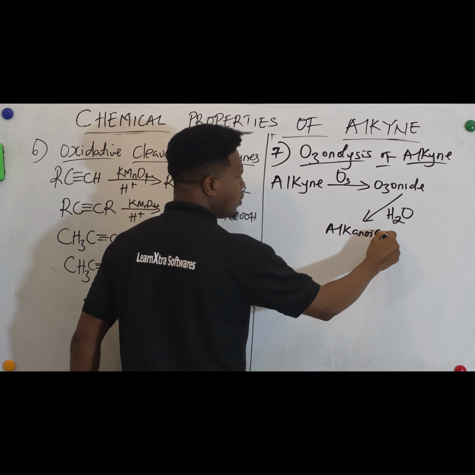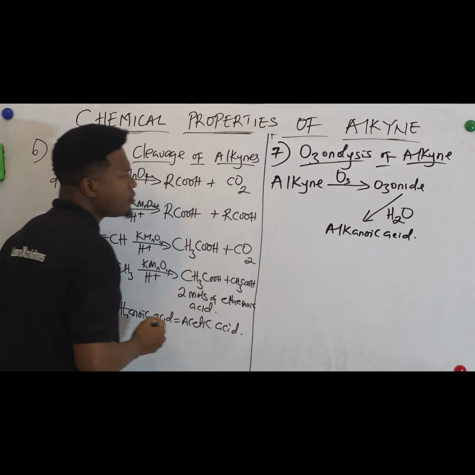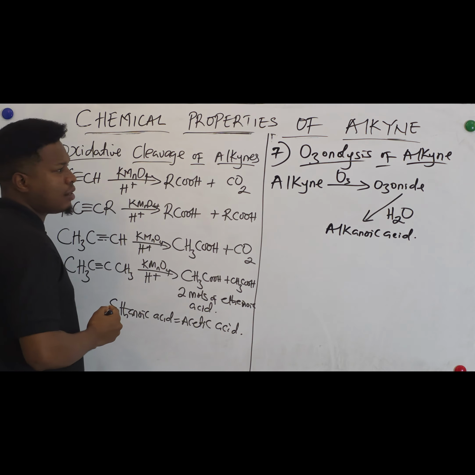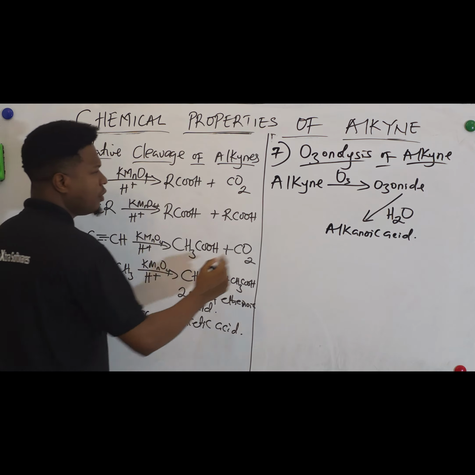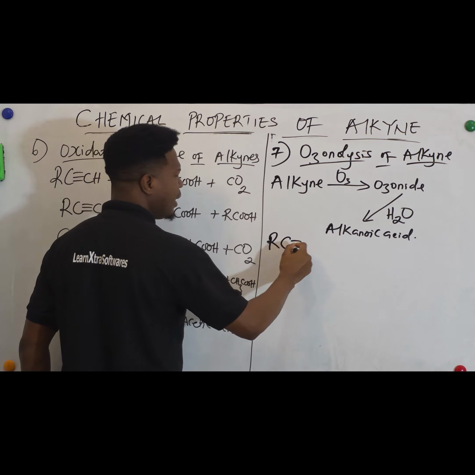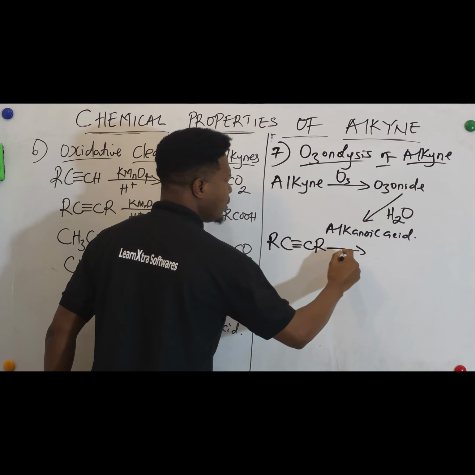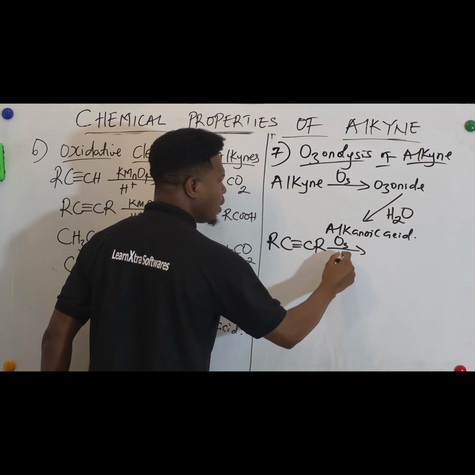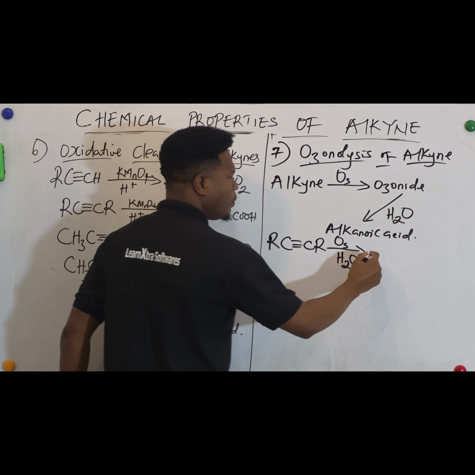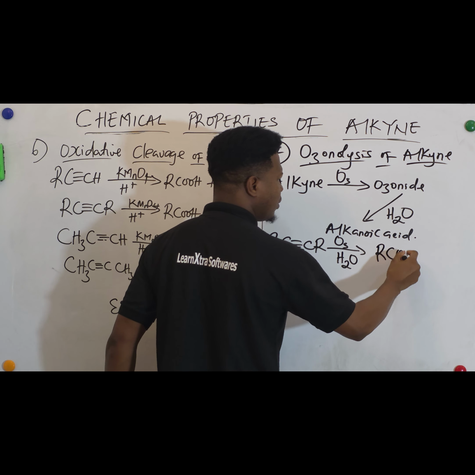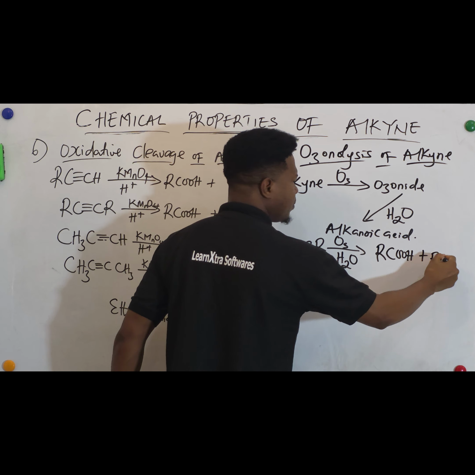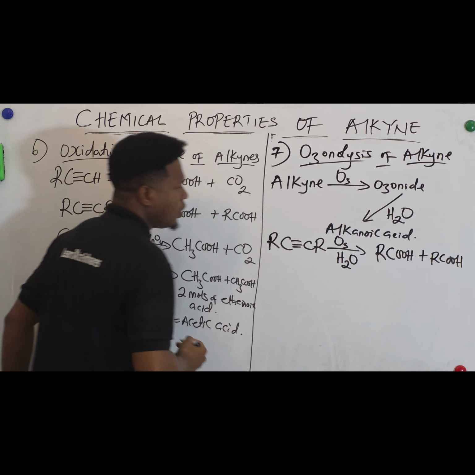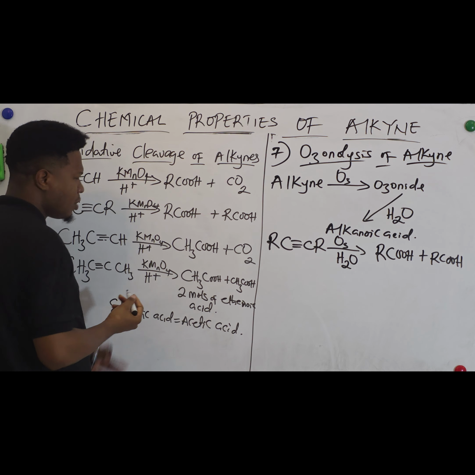So the final answer to this reaction is an alkanoic acid. Ozonolysis of an alkyne, that is reacting with ozone and water, will give you an alkanoic acid. Just like this one also.